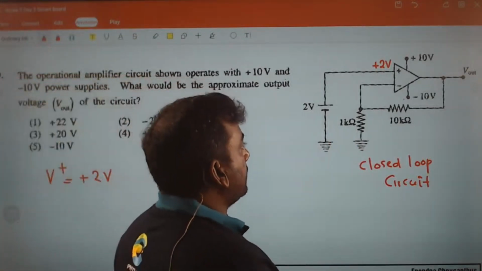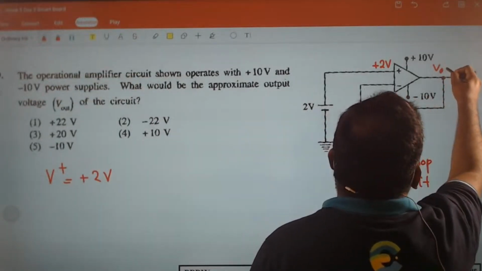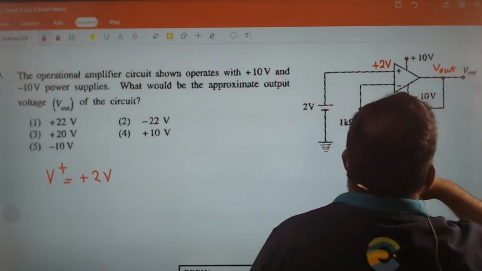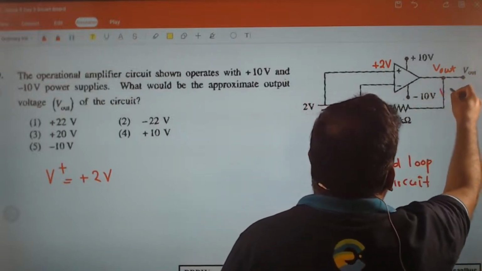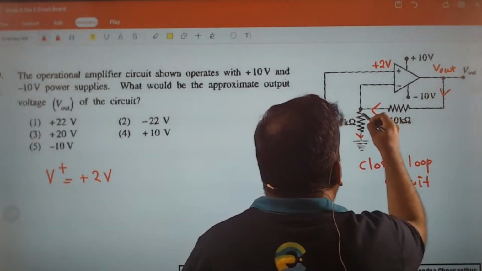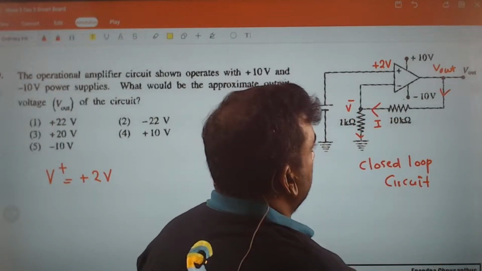Next one, carefully. Here the output voltage is at the open terminal, so current can travel from high potential to low potential. We call that V minus.